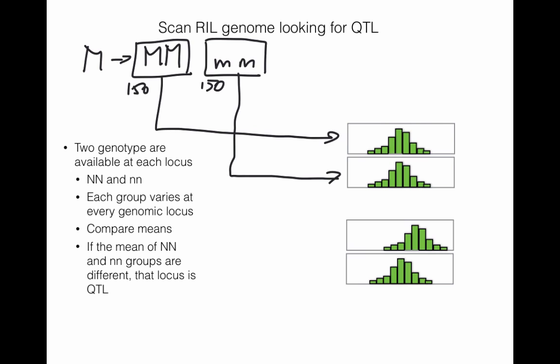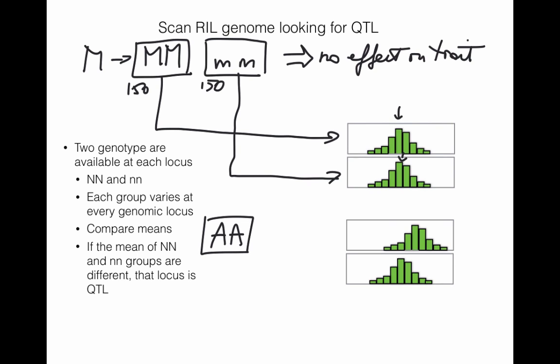If the mean is the same for both genotypes, we would conclude that this locus has no effect on the trait. So let's imagine, for example, that now we are sampling locus A, so we have about 150 of our big A plants, and we know that the uppercase allele is the one that has the high value.